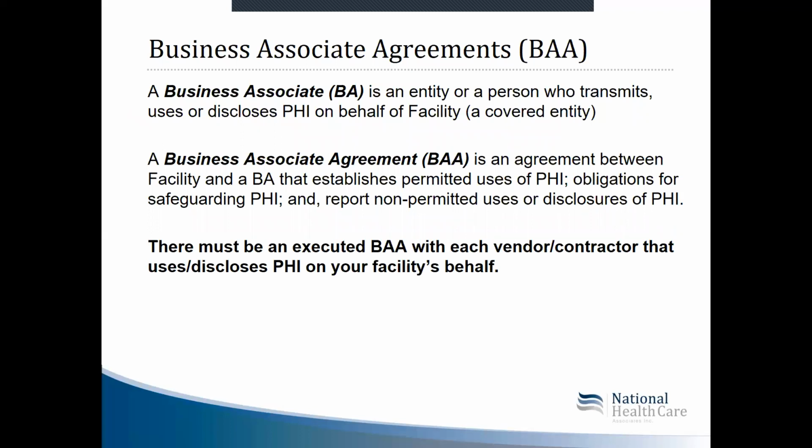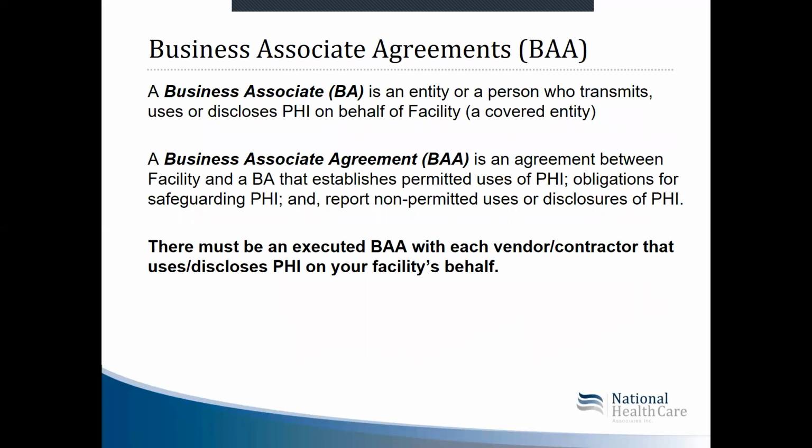In treating residents, we may at times use the services or products of business associates. A business associate is an entity or a person who transmits, uses, or discloses PHI on behalf of the facility, known as a covered entity. For example, National Healthcare Associates is a business associate of your facility.